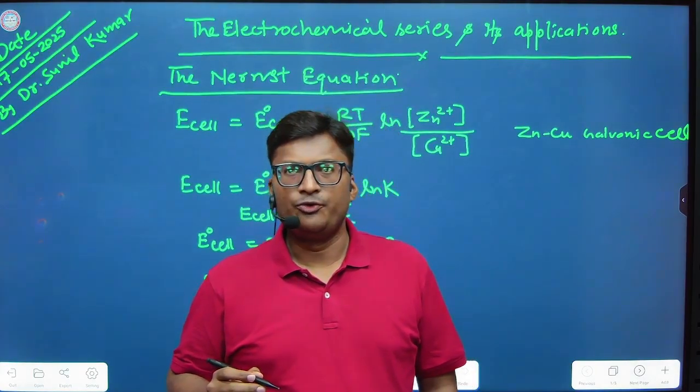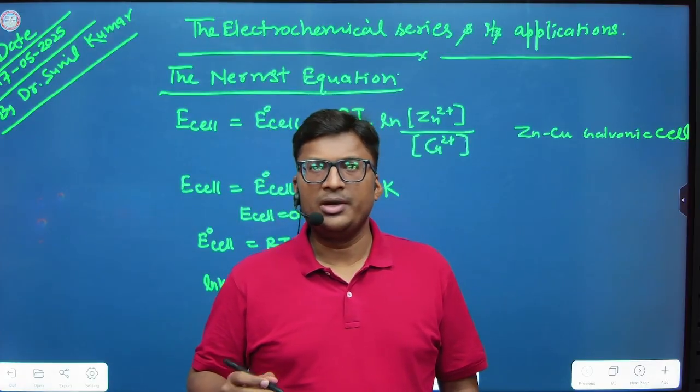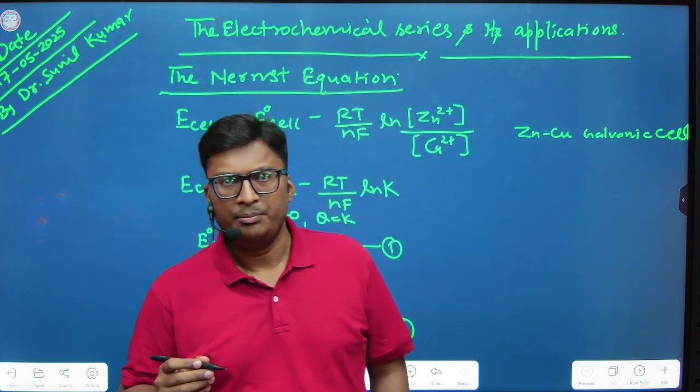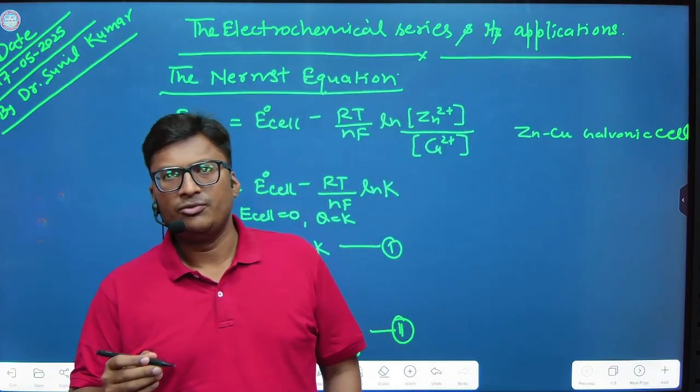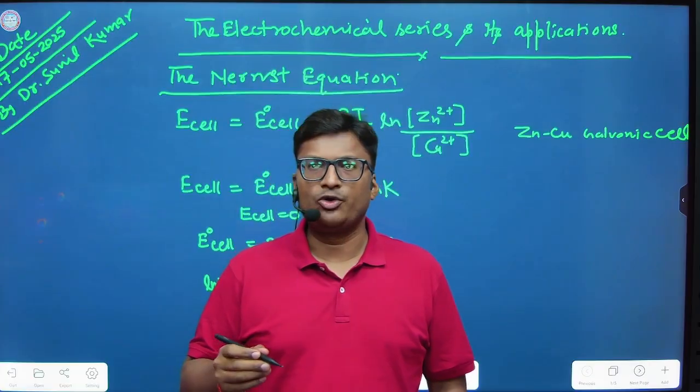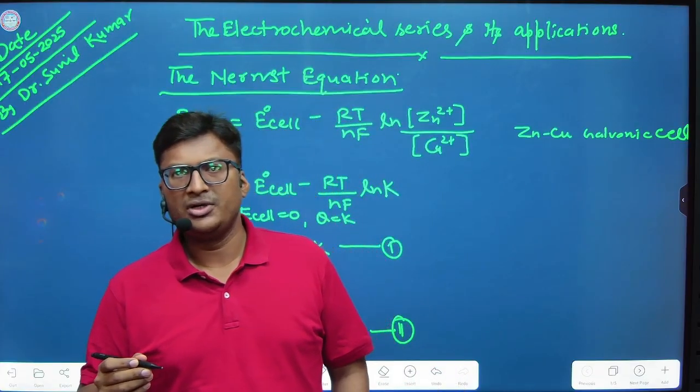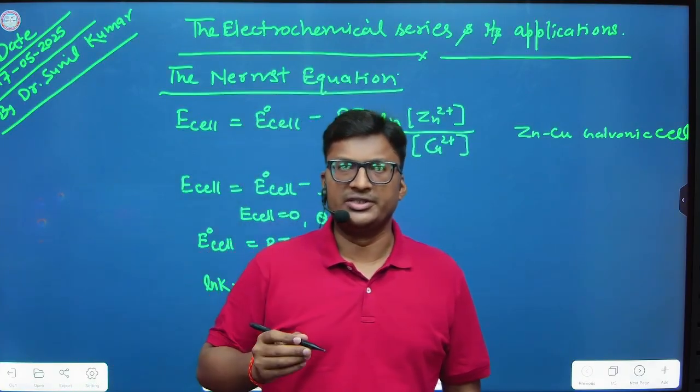We would like to focus on the electrochemical series and its fundamental applications. Before reaching this topic, we want to refresh electrochemistry and its concepts by using the Nernst equation.